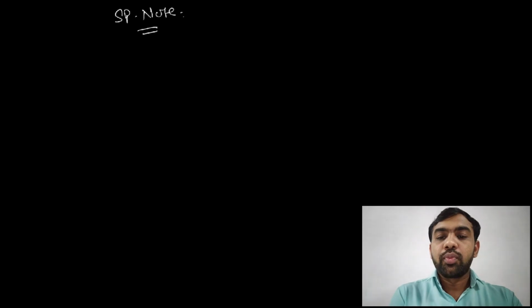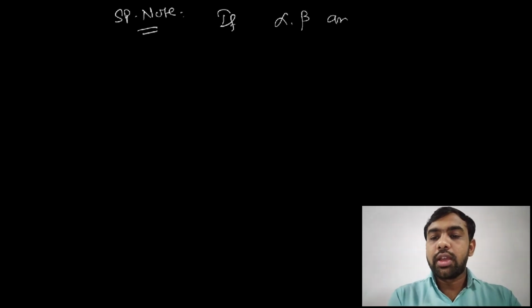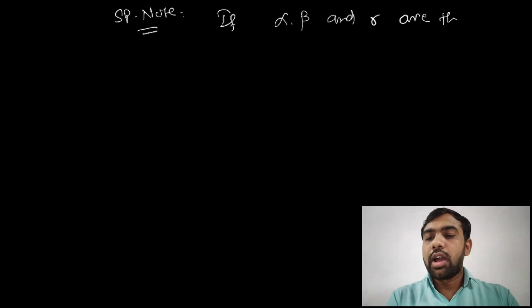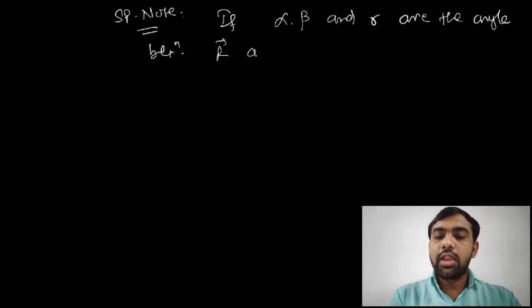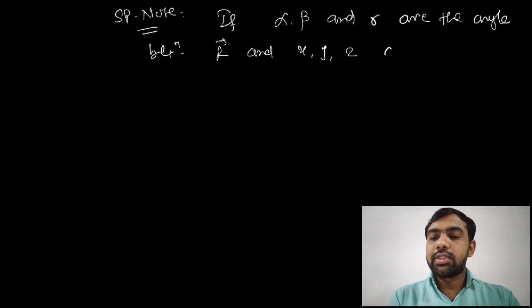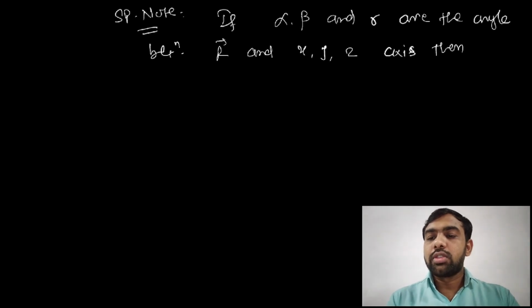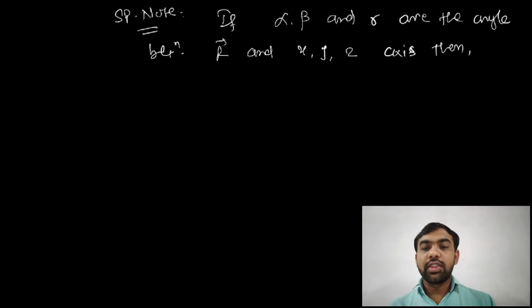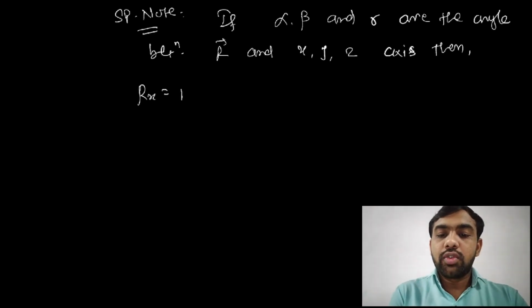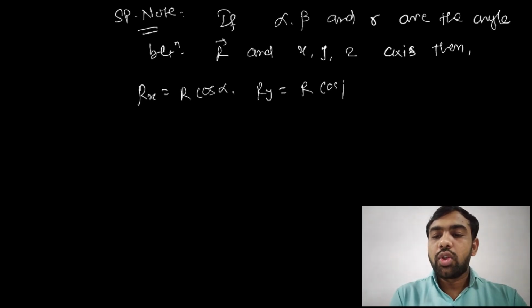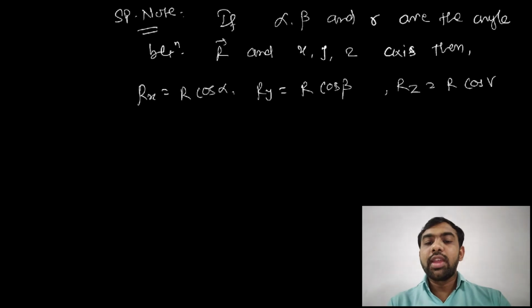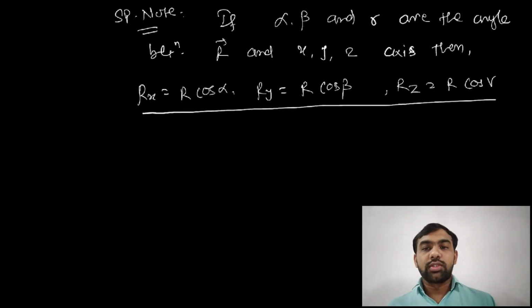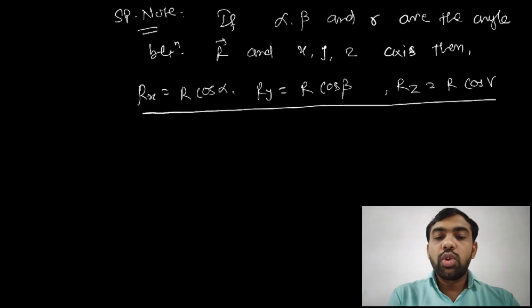One special note: if alpha, beta and gamma are the angles between r and the x, y, z axes, then rx is equal to r cos alpha, ry is equal to r cos beta, and rz is equal to r cos gamma. Why? All are adjacent components, so cos, cos, cos. Adjacent component means cos.